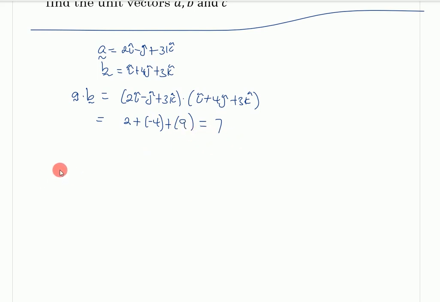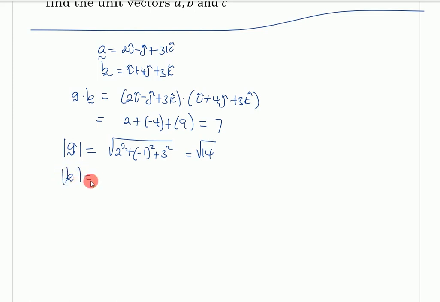Then we need to get the magnitude of a, which is the square root of 2 squared plus negative 1 squared plus 3 squared, which is root 14, because this one is 9 plus 4, 13, plus 1, 14.